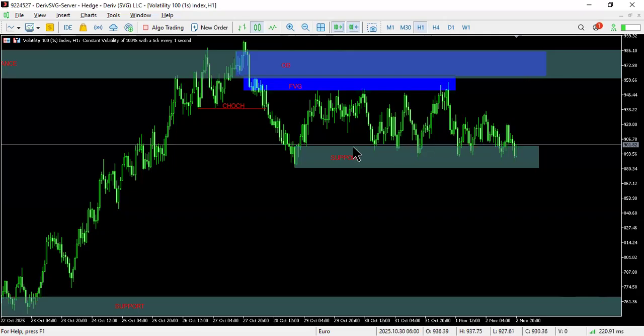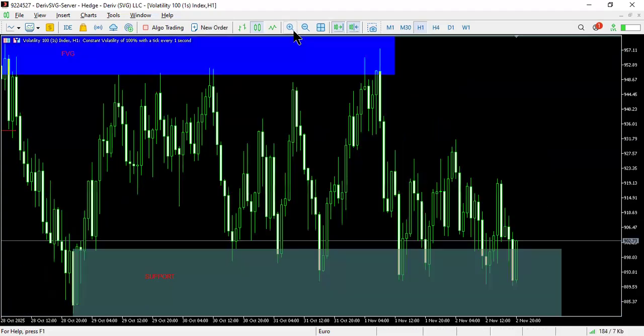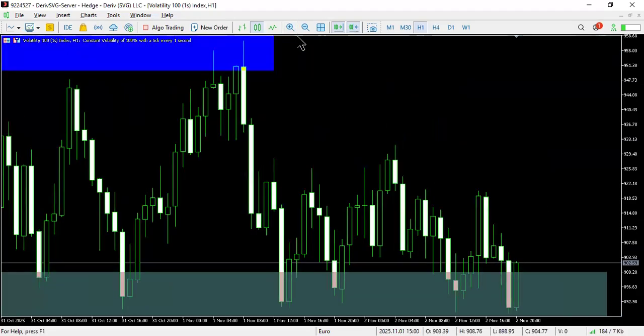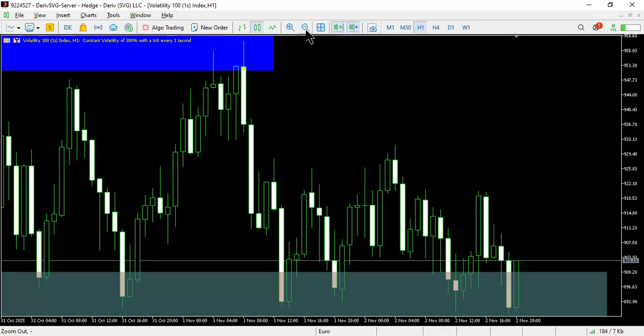This support is the one that will determine whether I'm going to be placing a buy or a sell. Should price push up from this support, then I'll wait for it at that order block and see if it will break it or reverse from there, or I'm going to wait for price to break this support to the downside. But let us continue studying the recent price action and see.